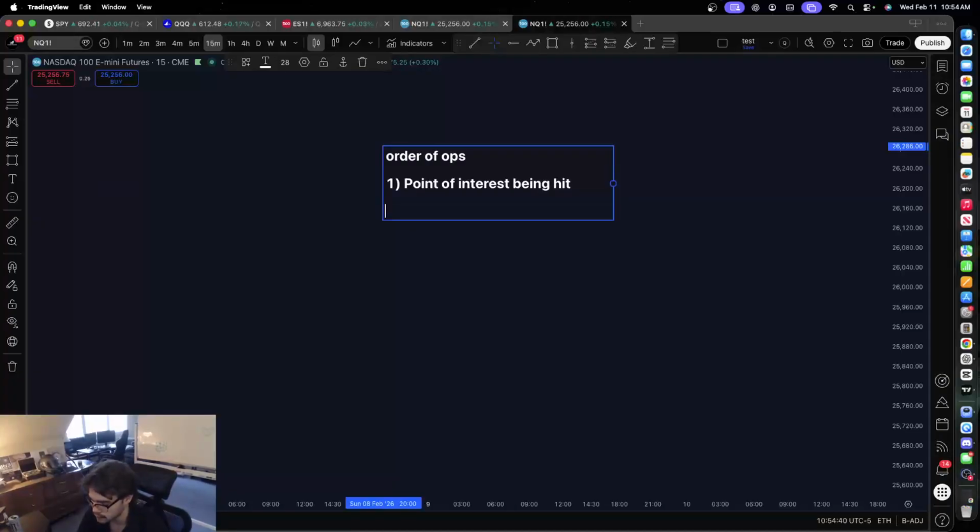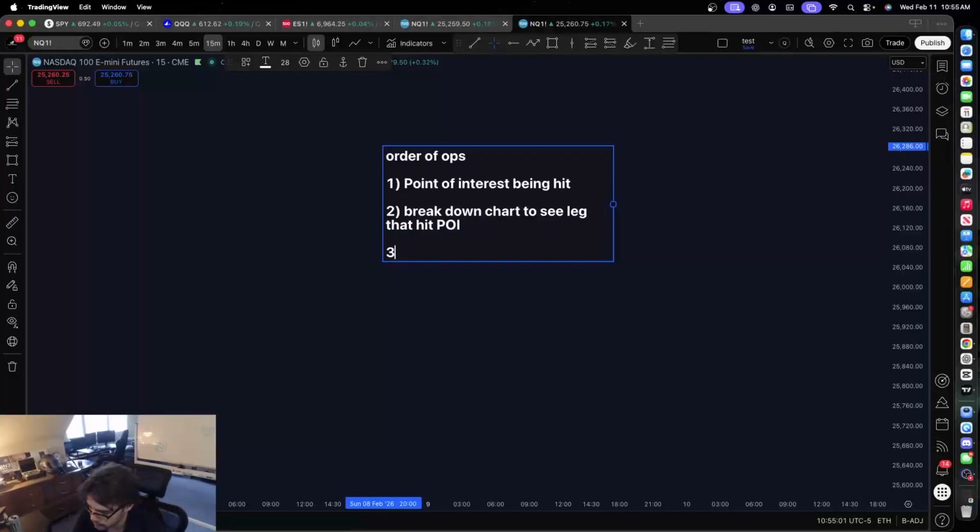2, break down the chart to see the leg that hit the POI.